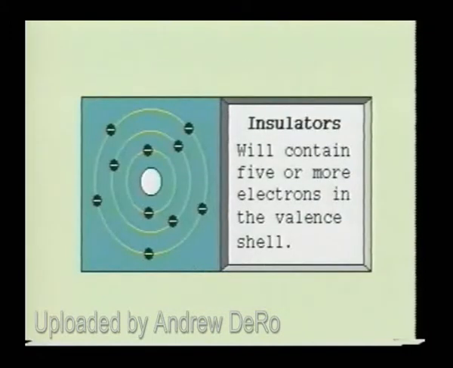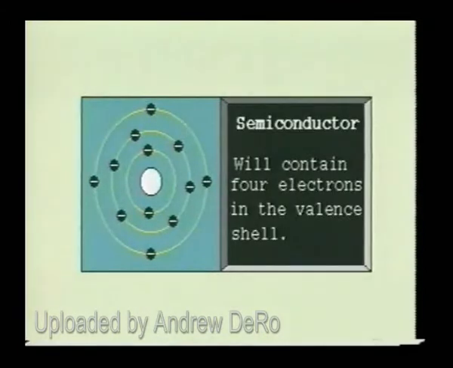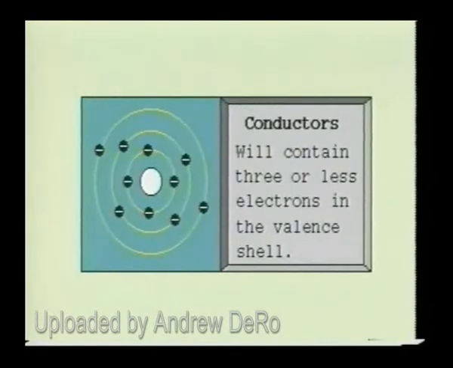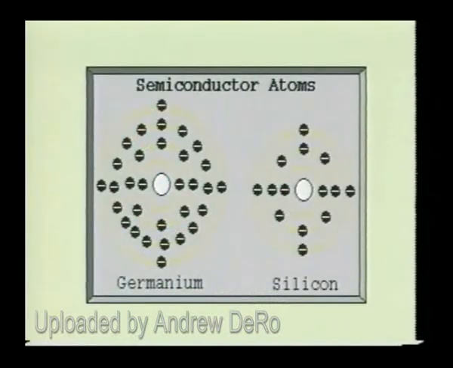As a rule of thumb, elements with 5 or more electrons in the valence shell are considered electrical insulators. Elements with 4 electrons in the valence shell are considered intrinsic semiconductor material. And elements with 3 or less electrons in the valence shell are considered conductors. Silicon and germanium are the two most common semiconductor materials used in solid-state devices.